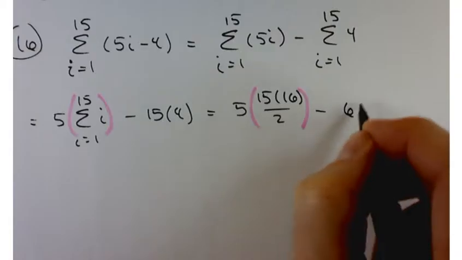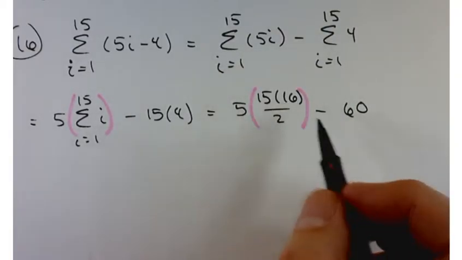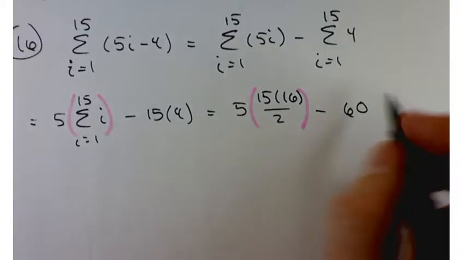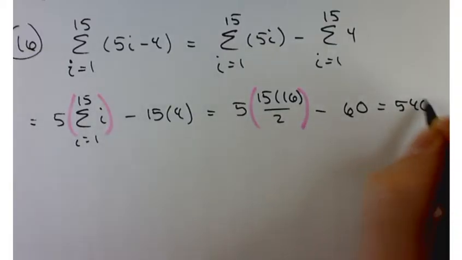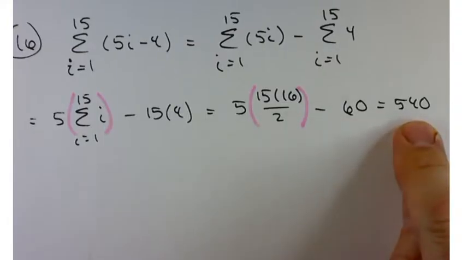And that's going to be what? 120 times 5 is 600. Minus 60 would be 540. Somebody check me on that. I was never really good at math. All right. So 540. Yay.